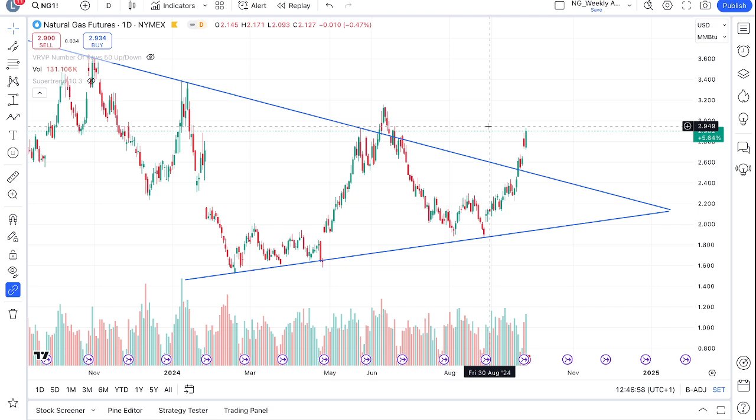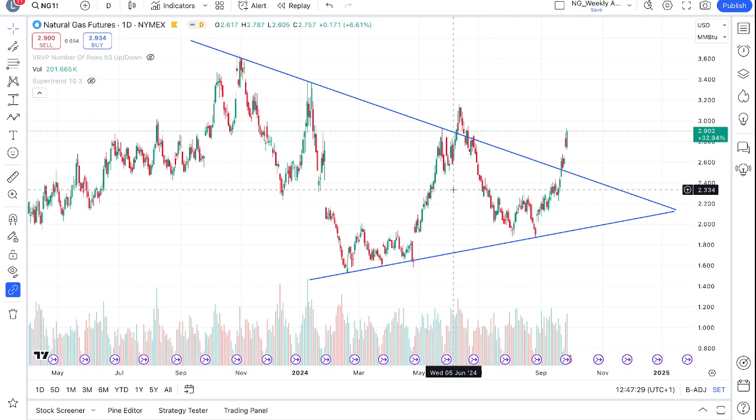But if we clear that, we will be trying to get to this particular resistance at roughly 3.15. If we successfully close daily above 3.15, we will be heading for a bigger move, which I think is roughly around 4.4, or a $4 move. So we will be looking at $4.